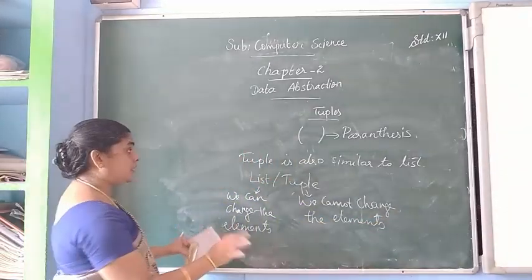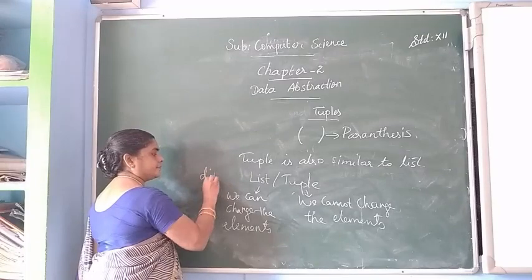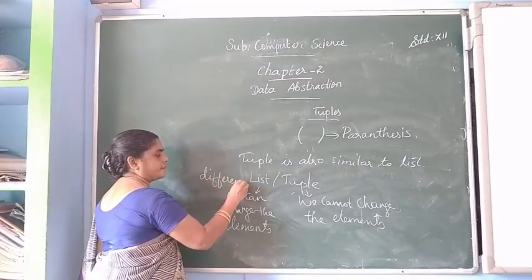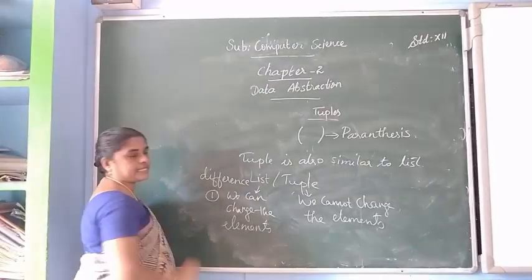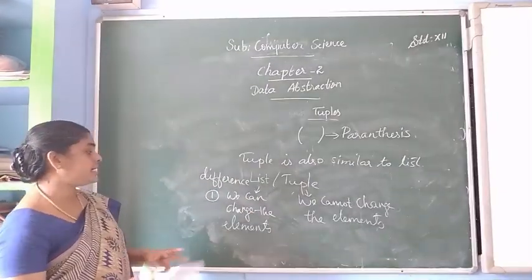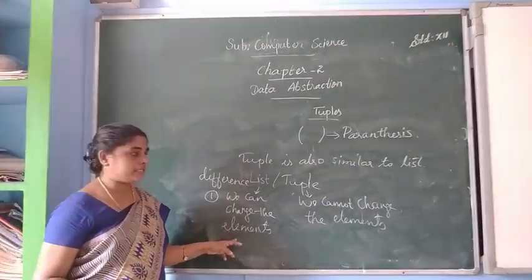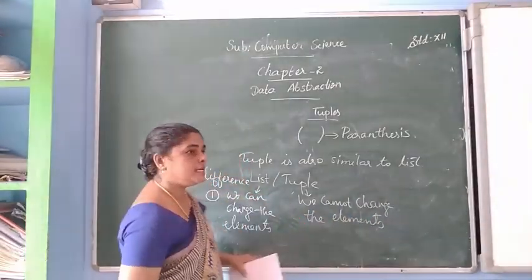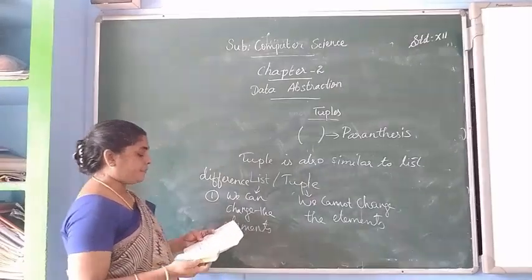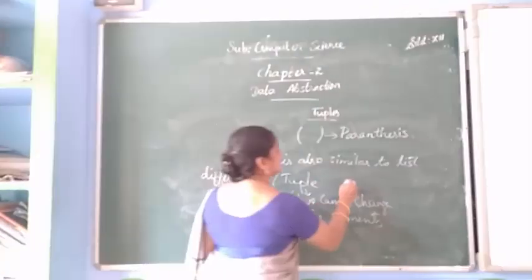This is the only difference. Only one difference is there. That is, in a list we can change the elements, but in a tuple we cannot change the elements. See, example for tuple, the color.